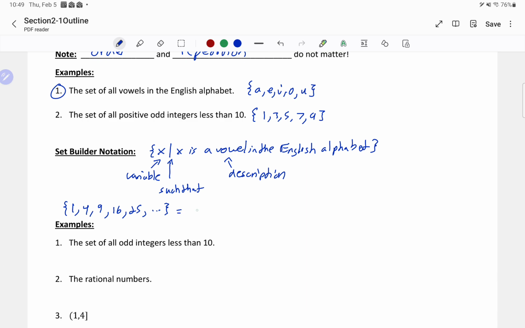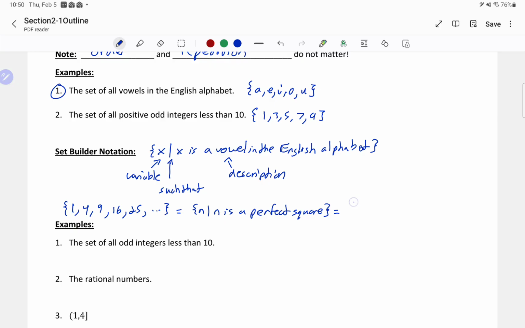So let's write this down formally using set builder notation. So this is going to be the set of all n such that n is a perfect square, like Flair said. Now, this is a perfectly fine way to write this down, but mathematicians often like to write things down a little more concisely.